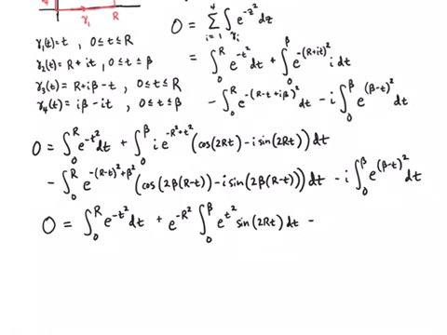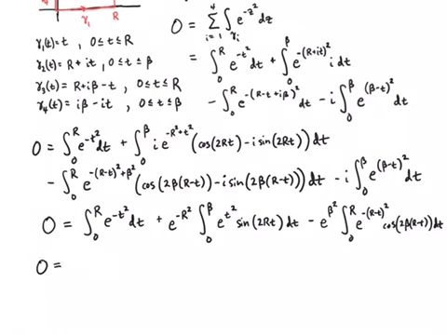Again, I'm going to pull the e to the beta squared out, and then we have integral from 0 to r, e to the minus r minus t squared, cosine of 2 beta times r minus t dt. So that equals 0, and something else equals 0. The imaginary part equals 0 as well.